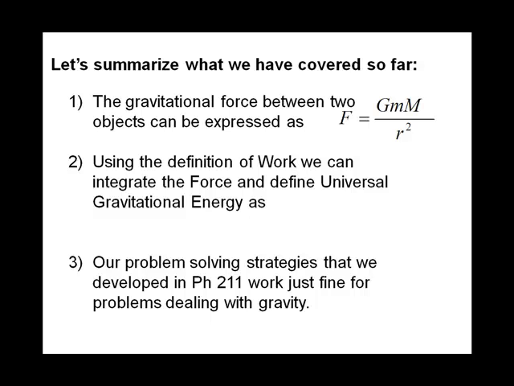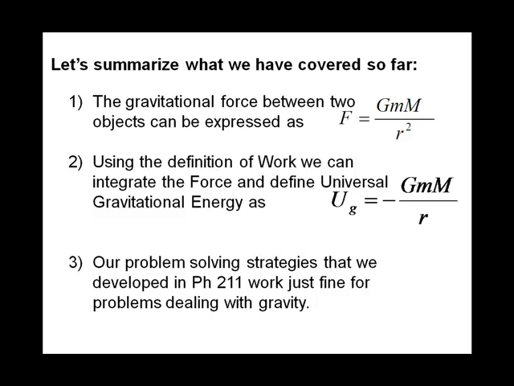One of the first things we did with Newton's law of gravitation is we used the definition of work to define a universal gravitational potential energy. And we came up with this. As you go through the chapter it derives a dozen more equations on things like escape velocity and the specific radiuses of specific kinetic energies of spacecraft.